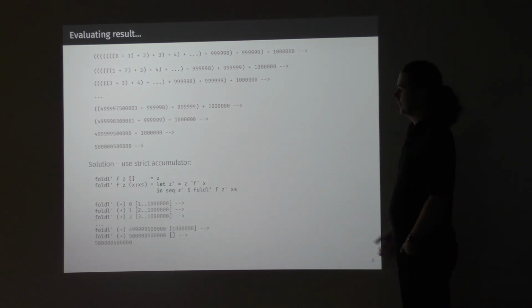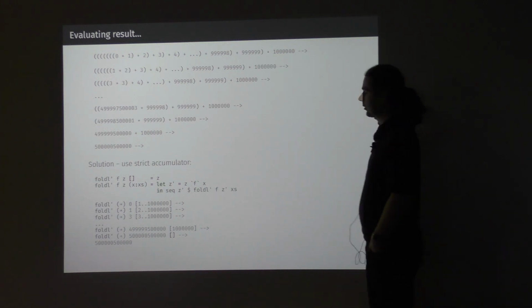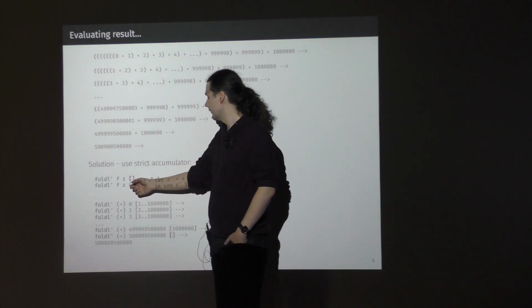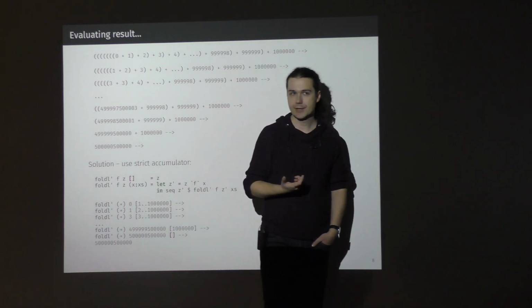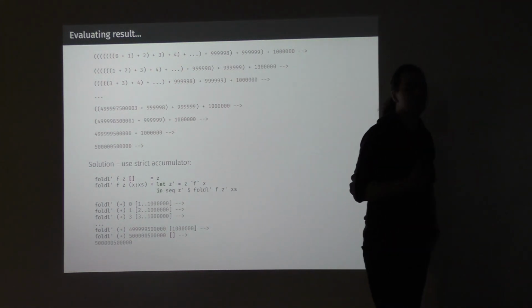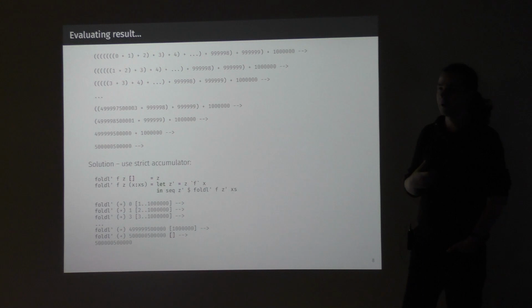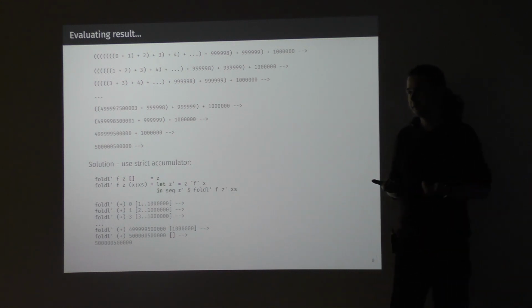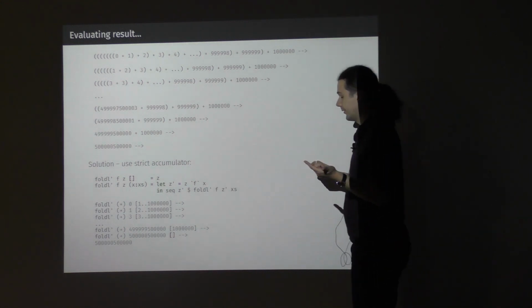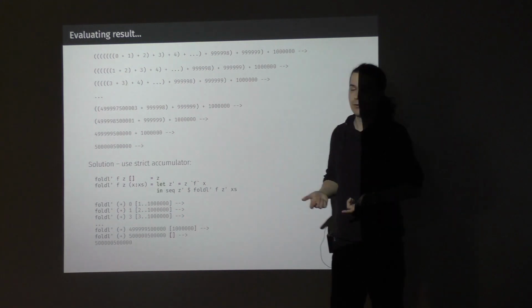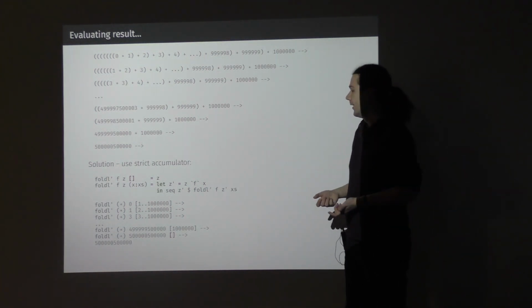The tricky part is that it works because we were accumulating a number, just one number. But if instead of z we had a pair, for example, we are summing 1 million complex numbers. A complex number is a pair, the real part and imaginary part, or a two-dimensional point, or whatever, something less trivial.